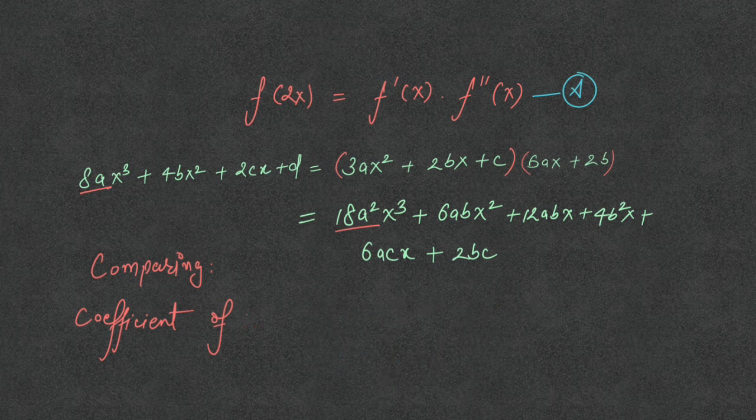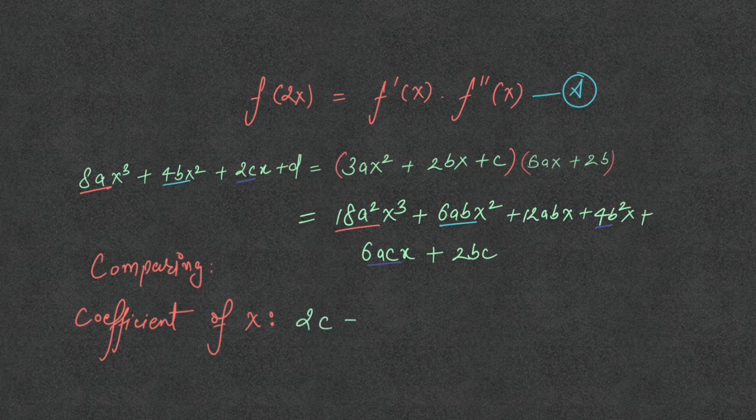Now comparing the coefficient of x square, here it is 4b and here it is 6ab. We have 4b is equal to 6ab. Since a cannot be equal to 0, only one possibility is there, which is b equal to 0. Comparing the coefficient of x, we have 2c here and 4b square plus 6ac here.